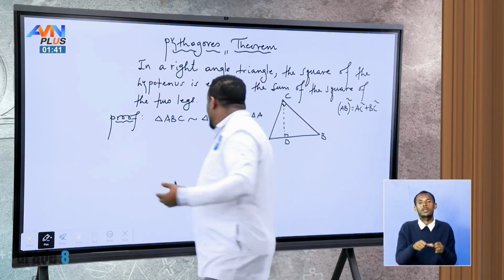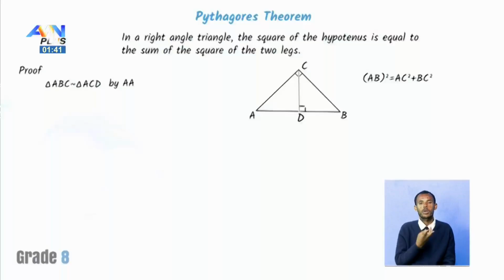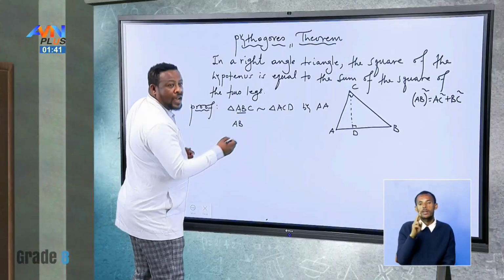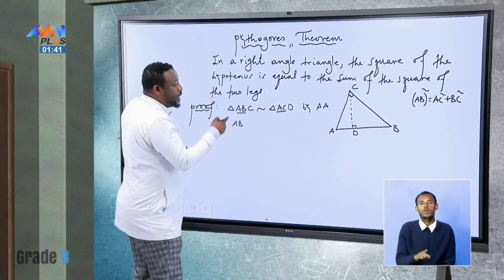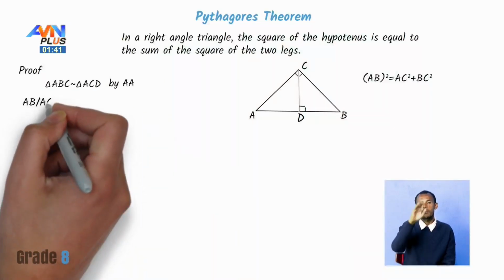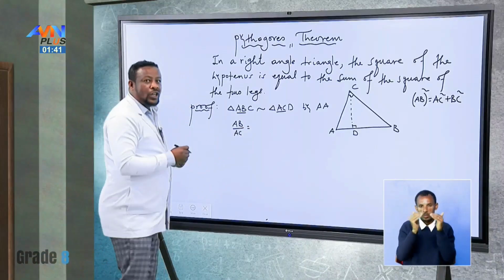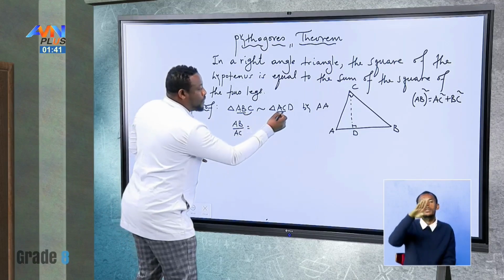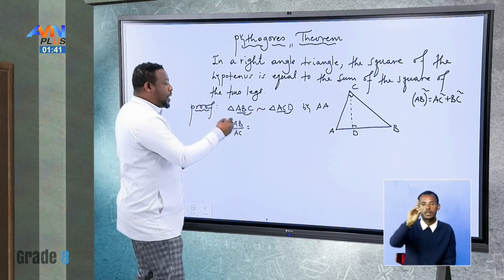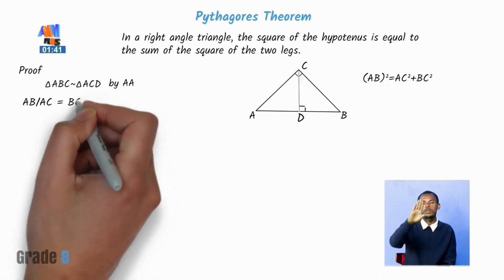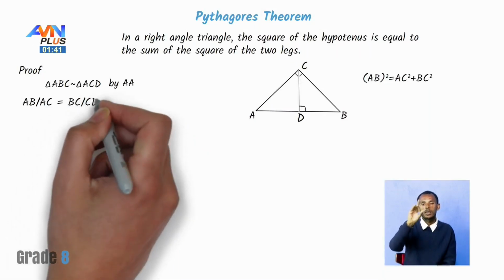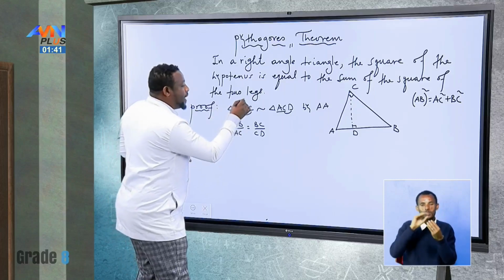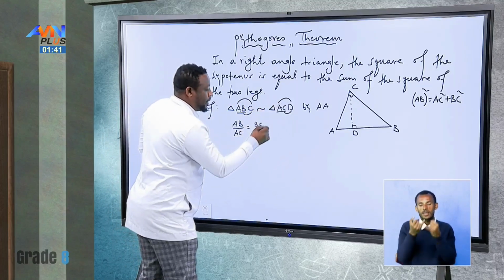So by this similarity, AB over AC is equal to BC over CD, and also equal to AC over AD.